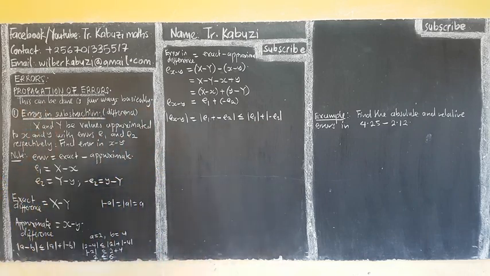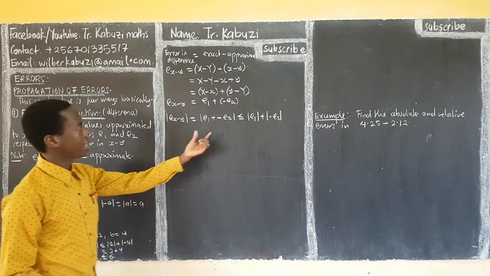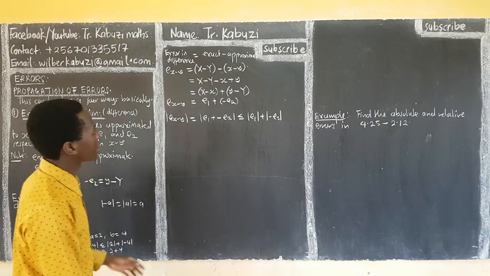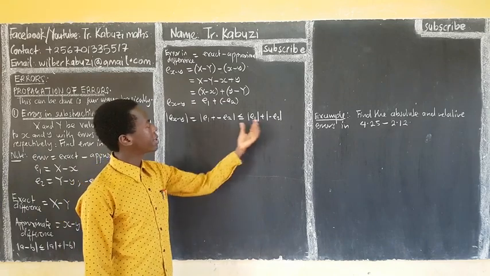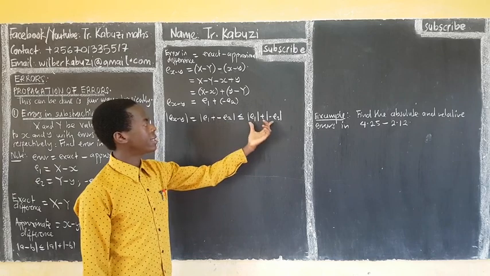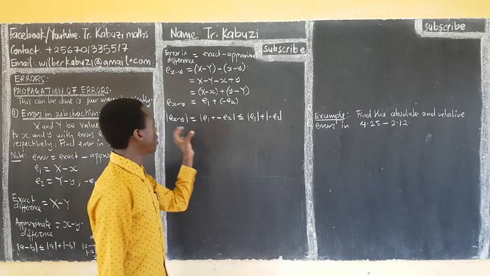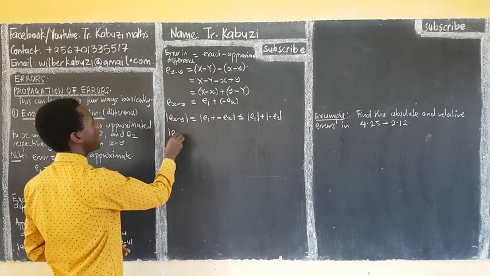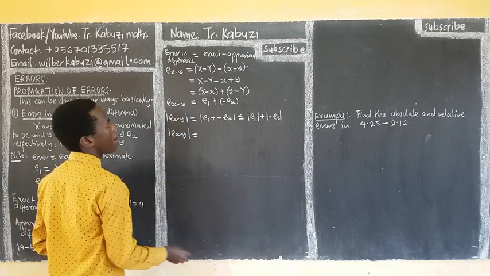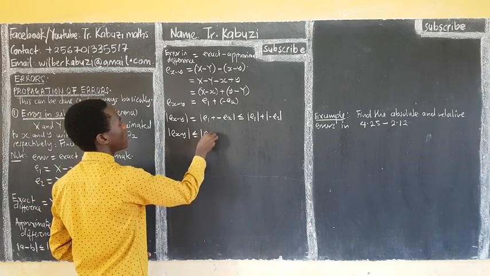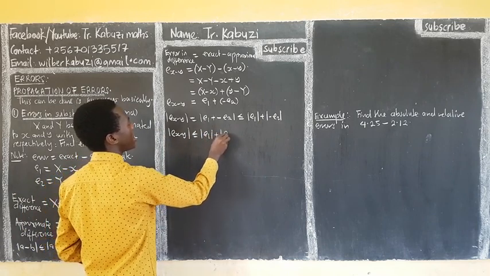If this is equal to this, and this is less than or equal to this, it also means the error in the difference is less than or equal to E1 plus E2.